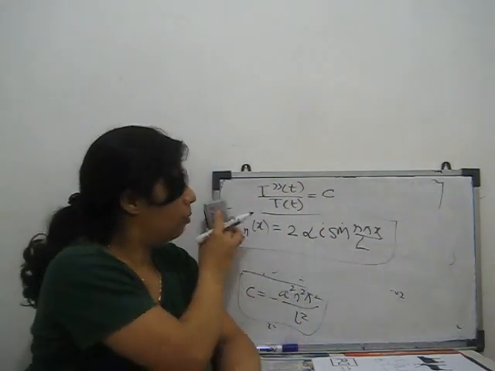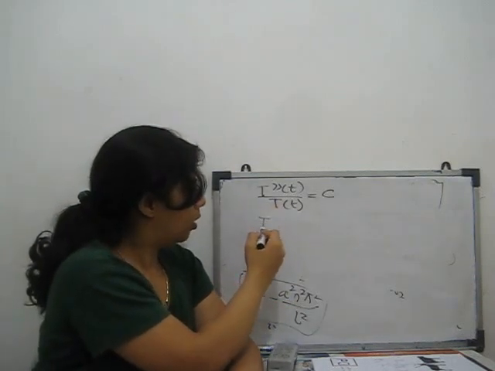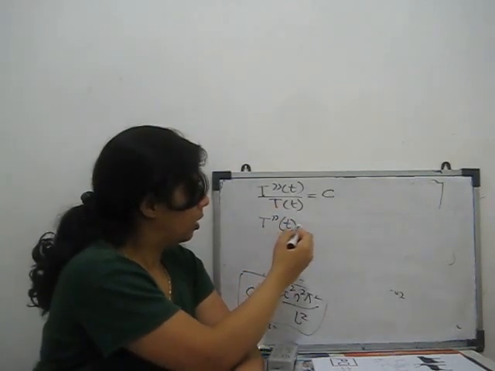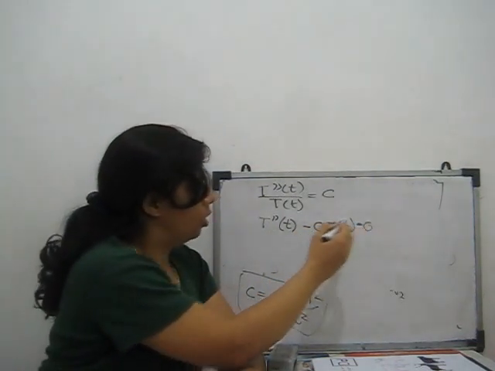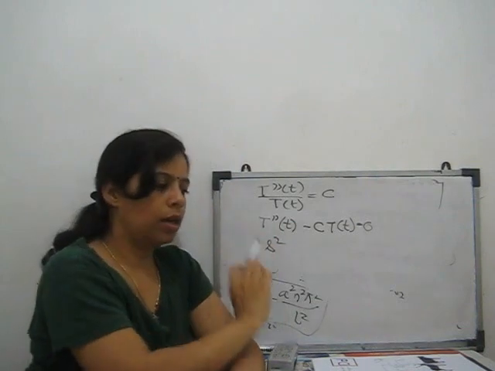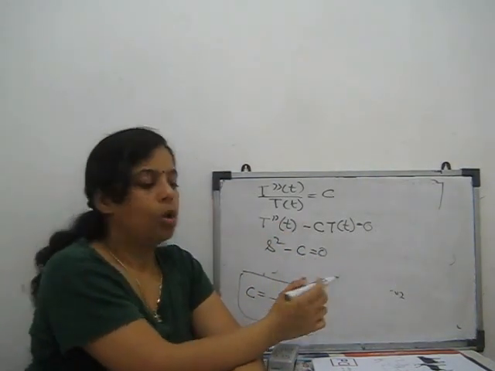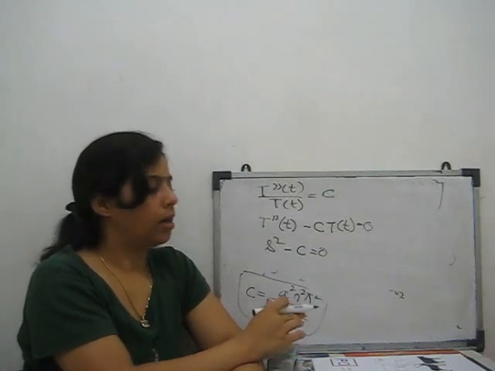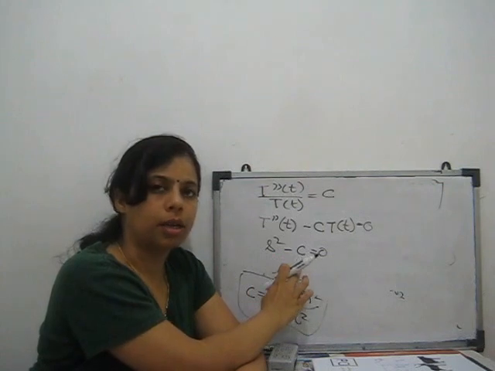With this same approach, we will solve this. This is also a second order differential equation, T'' minus cT equal to 0. It's s square minus c equal to 0. Clear? So roots are s equal to plus minus square root of c.